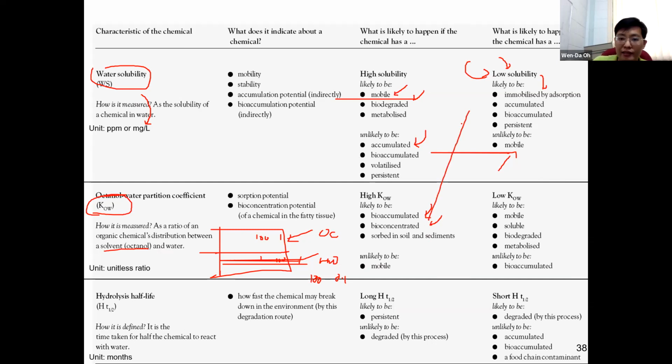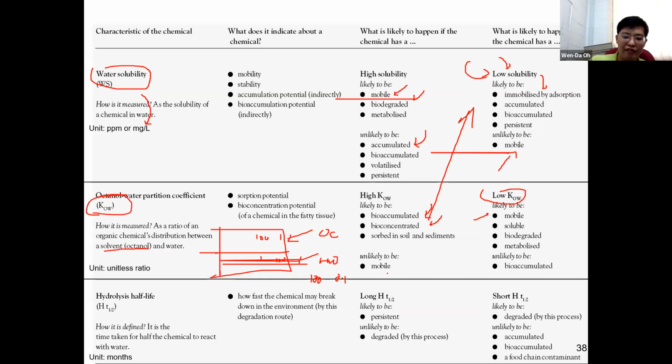So this has something to do with solubility also. They are all related together. On the other hand, if you get a 0.1 value, most of the pollutant is in the water layer, so you have a low KOW value. That means that it is mobile, soluble, and biodegradable.